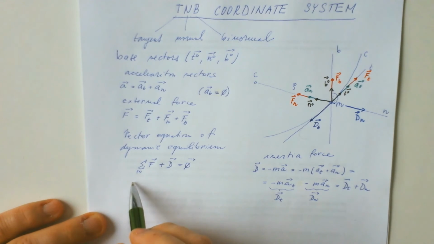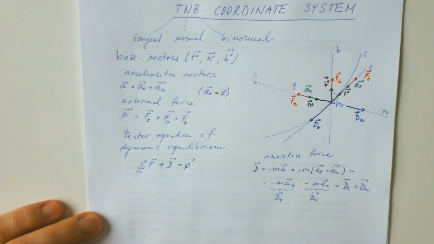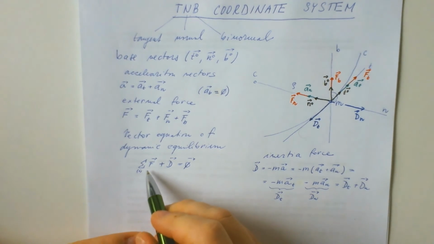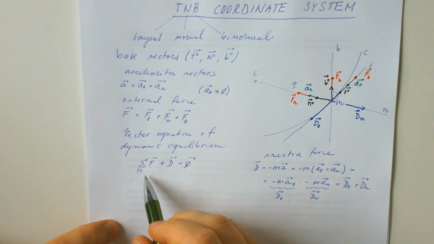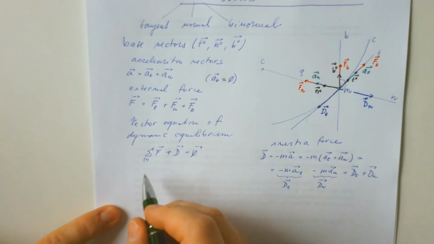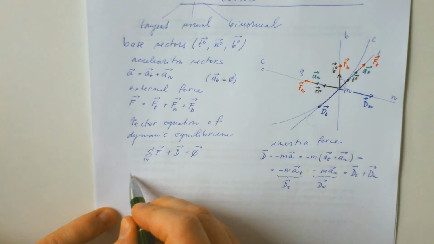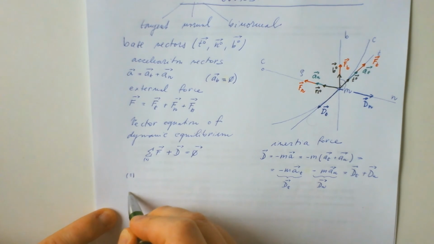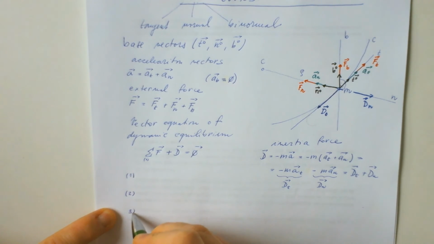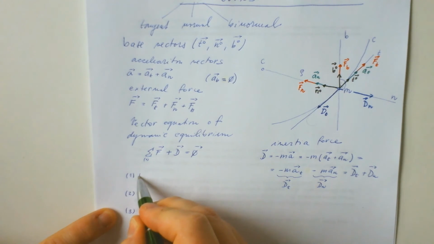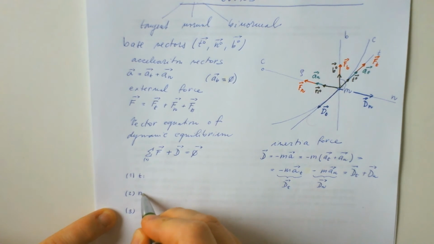Now we can expand. Now we can write component equations. First, second, and third, for directions of tangent, normal, and binormal.